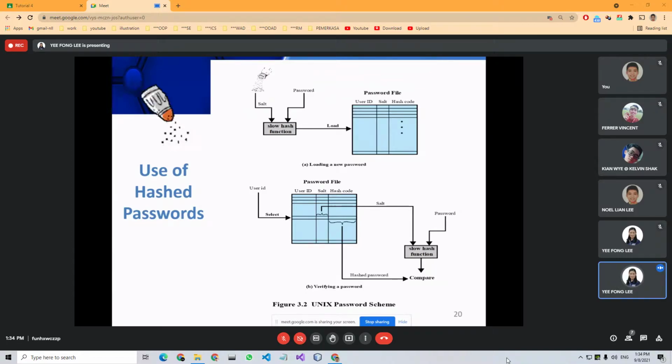This is the same for any system. The operating system uses the ID to index into the password file. After that, the salt and the user password are used as input to the encryption routine. If the result matches, then the password is acceptable.